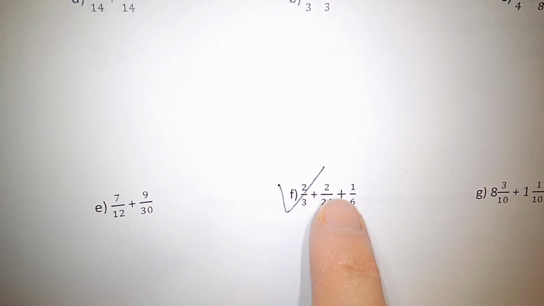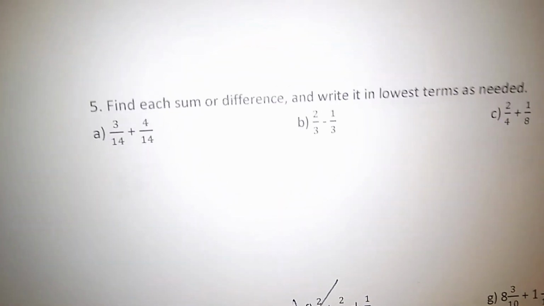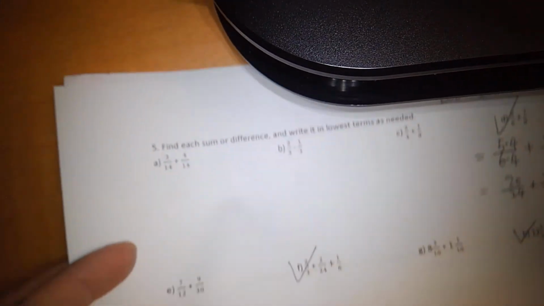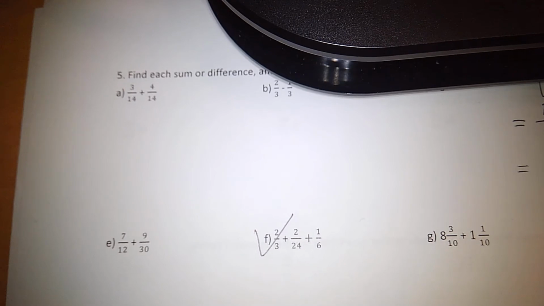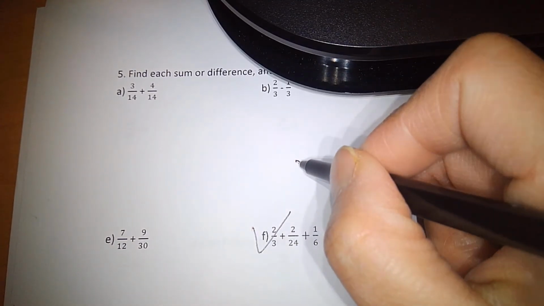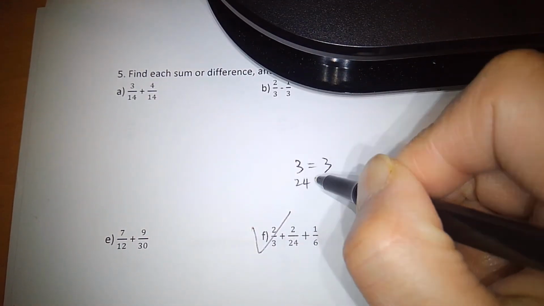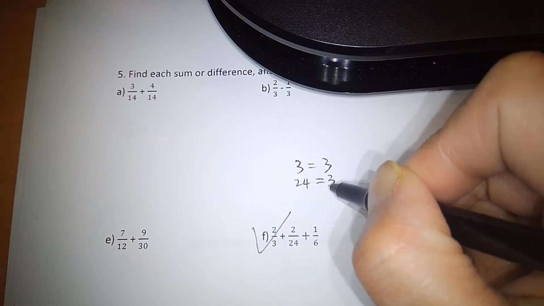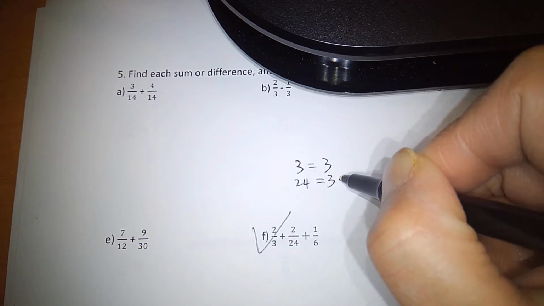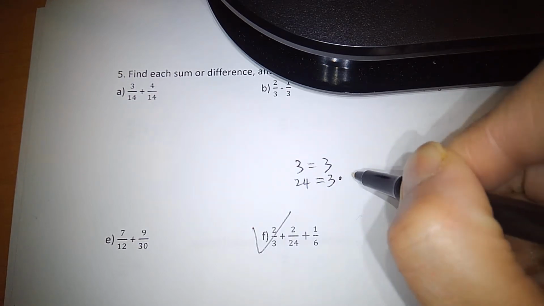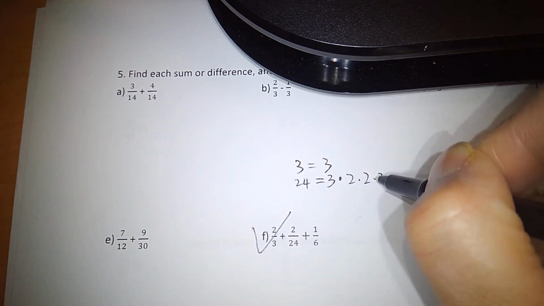2/3, 2 over 24, and 1 over 6. What is the LCD? 3 can only be factored by what? 3, right? 3 times 1, which is 3. 24 can be factored by 3 times 8, or 2 times 2 times 2 times 3.